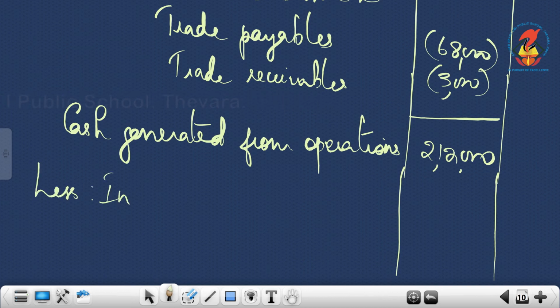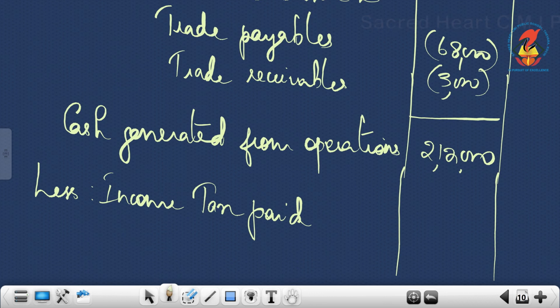Less income tax paid. That means tax paid means what you have written as to bank in your provision for tax account. So what is your to bank in provision for tax account? It is 16,000, which we less now.